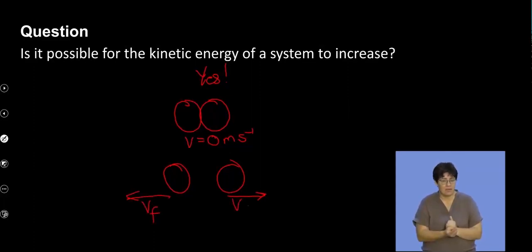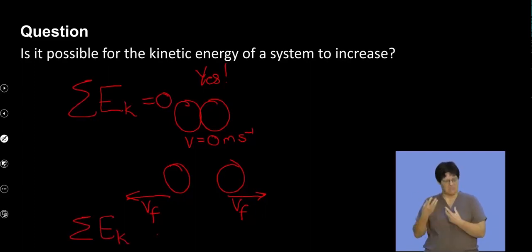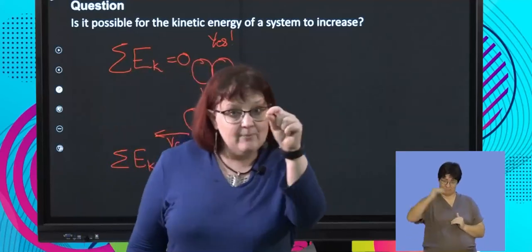Now, they both have a kinetic energy. It doesn't matter that they're in opposite directions, because remember, it's a square. So over here, my kinetic energy is 0 at the beginning. Now, it absolutely is going to have a kinetic energy. That should actually be bigger than 0. It's going to increase.